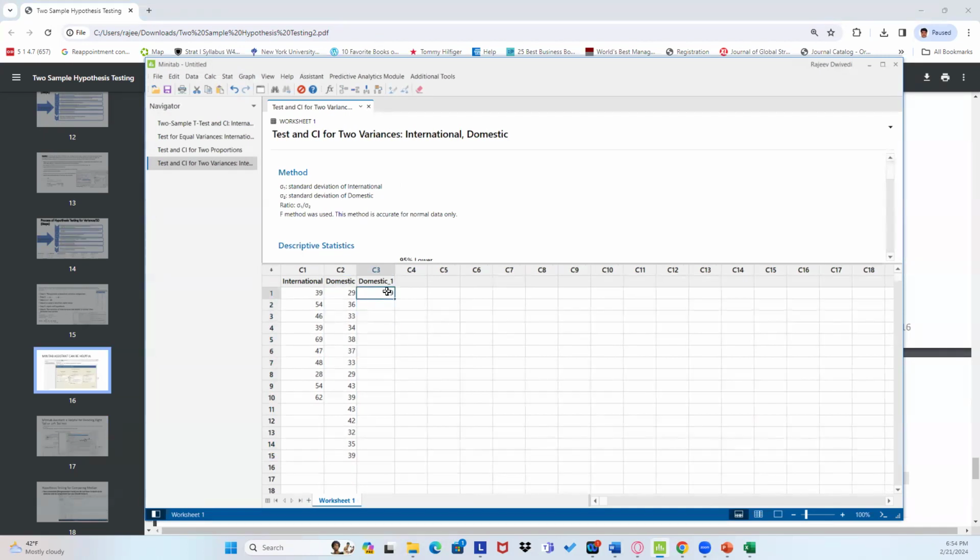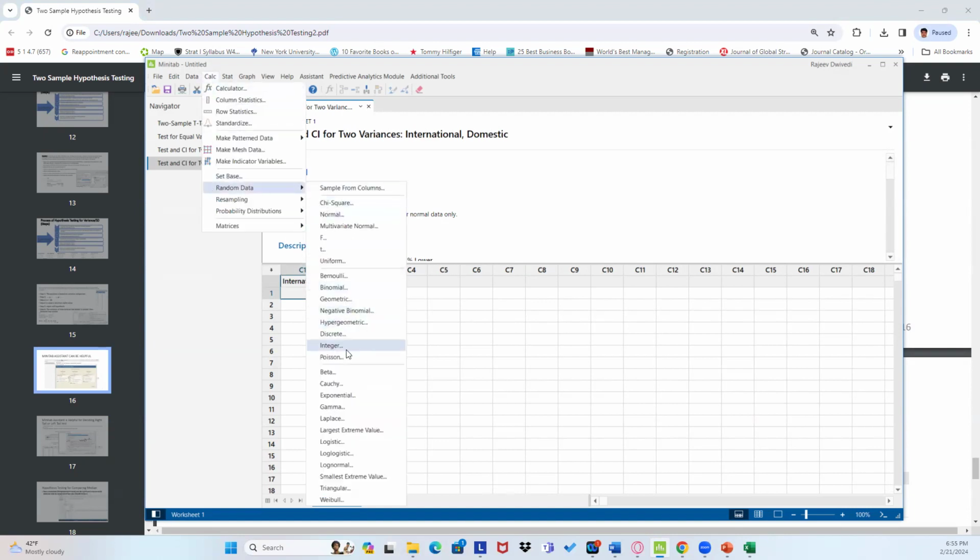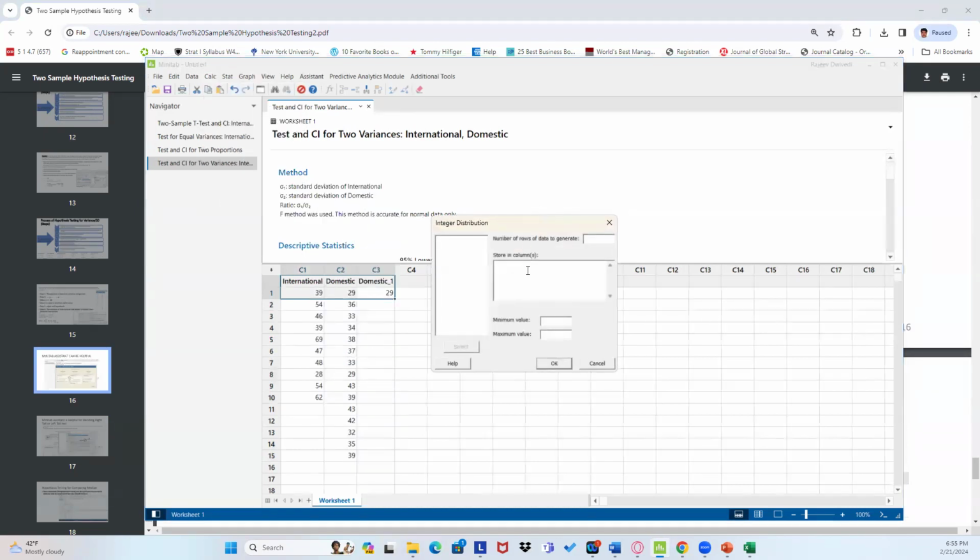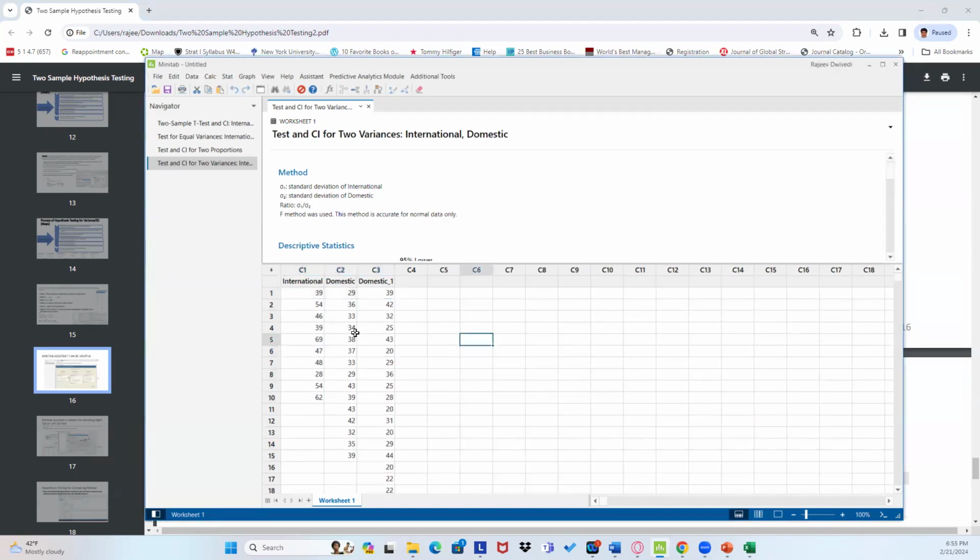Let me enter random numbers: Calculate, Random Data, Integer, minimum value 20, maximum 50. So let's say we have 3 samples or more than 3, and then we can compare using ANOVA.